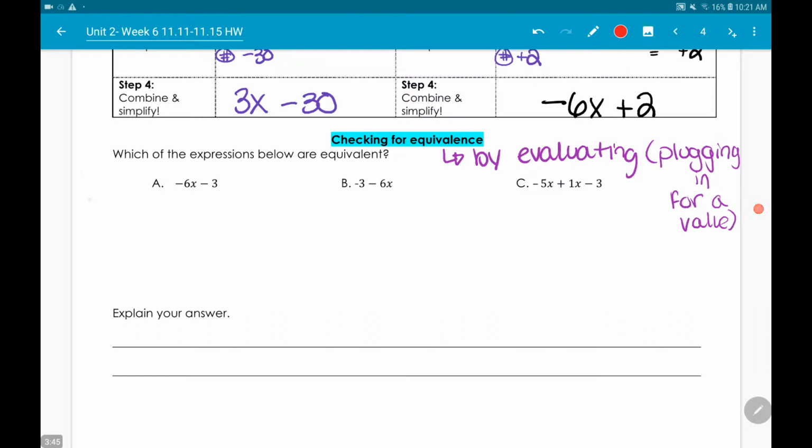All right, so if I want to check equivalence, I'm going to pick a number for x, and I'm going to plug it into all of my x's. So I see an x here, an x here, and then 2 of them in here. Everything else is going to stay the same.